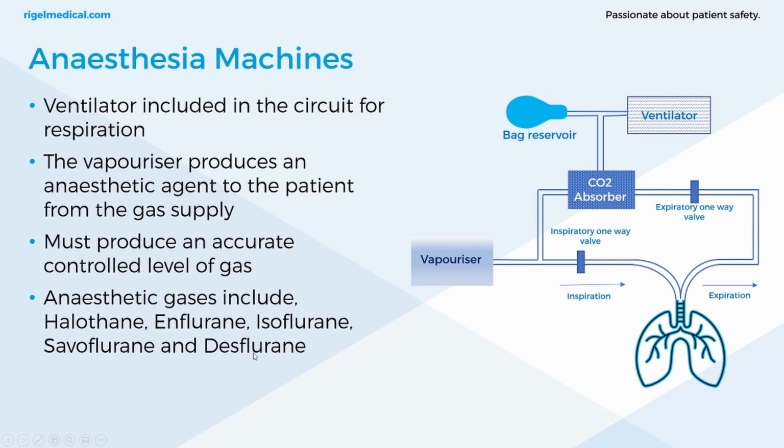And so these are added to the gas supplies, such as you might have nitrous oxide, pure oxygen, or just air coming in through the system. The vaporizer must produce an accurate, controlled level of these gases to the patient.